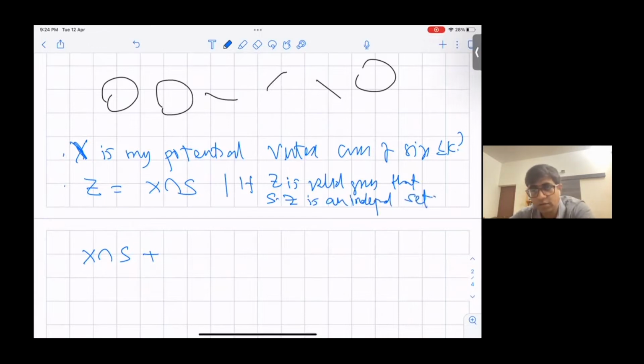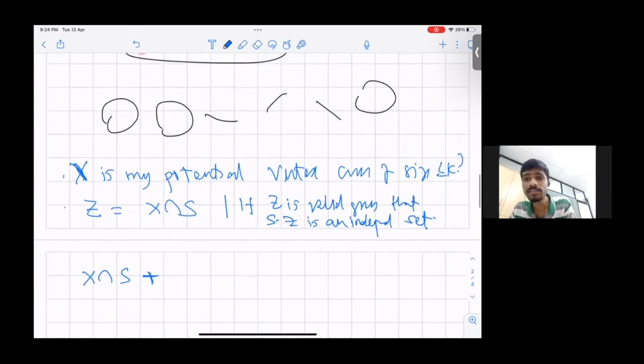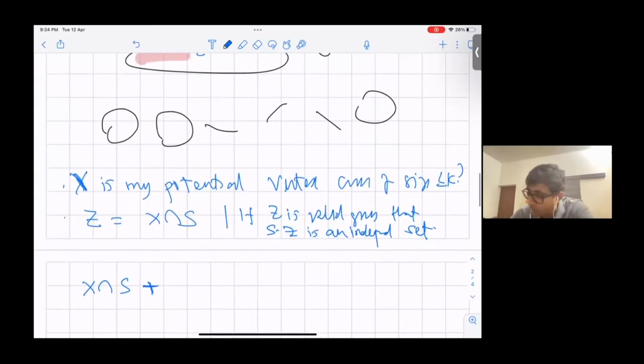Am I right? Yeah. Suppose it satisfies this property. Now what? To X intersection S, what else should I add? Neighborhood of S minus Z. Okay, so what he wants to add is the neighborhood of S minus Z.